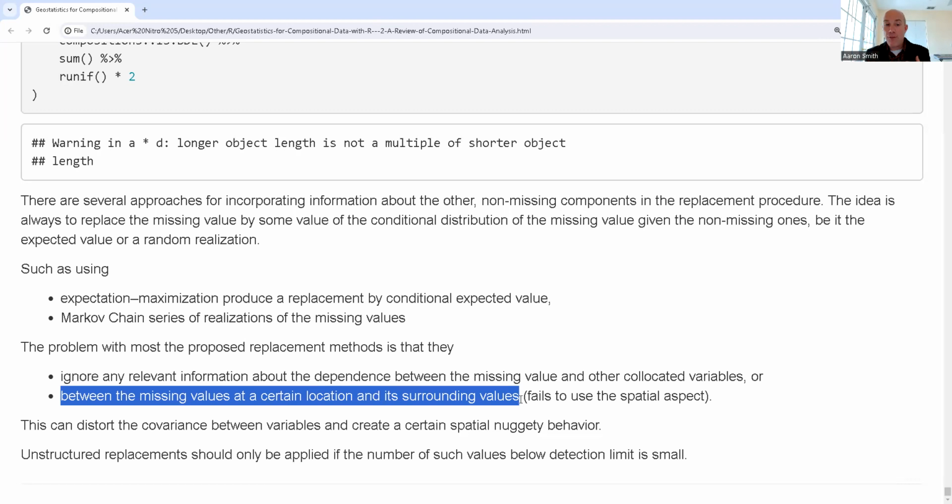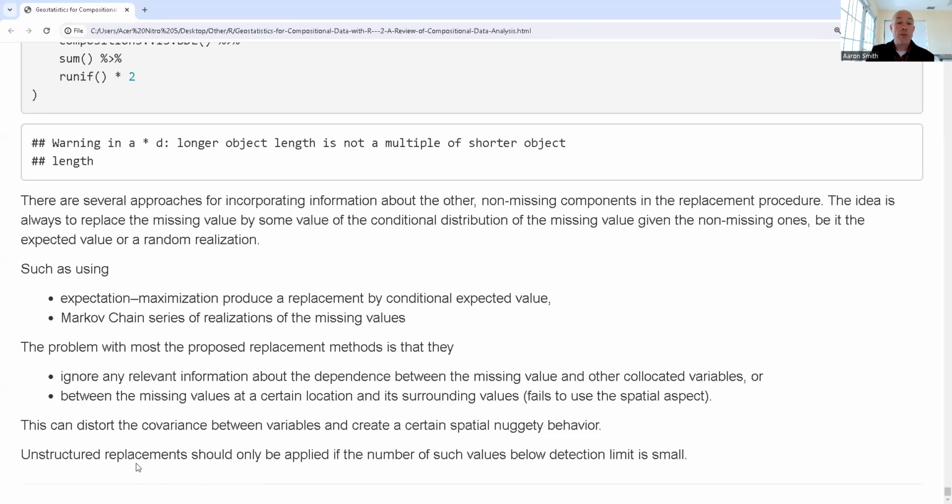These failures can distort the covariance between the variables and create more of a nuggety aspect of clumping in the observations of our data. So unstructured replacements should only be applied if the number of such values needing to be imputed is relatively small compared to my total data set.